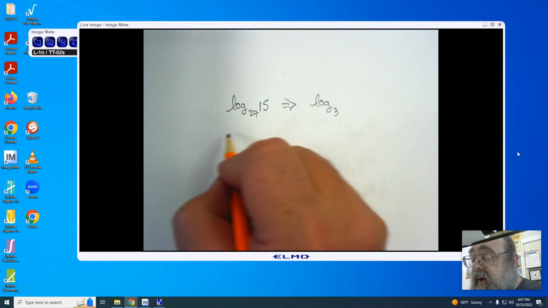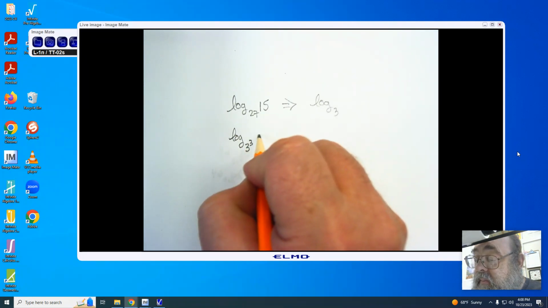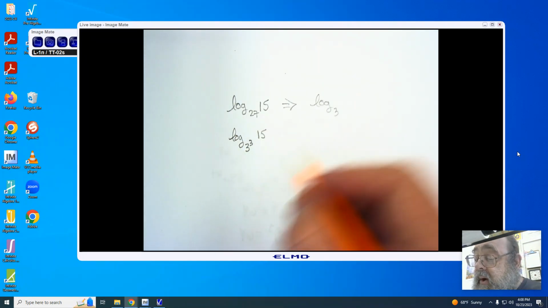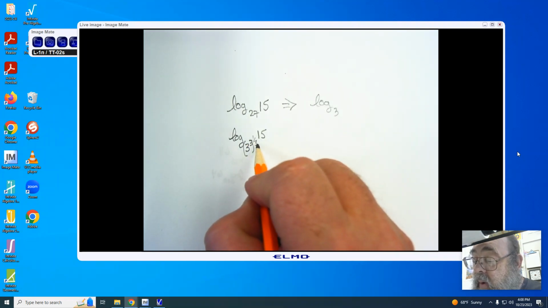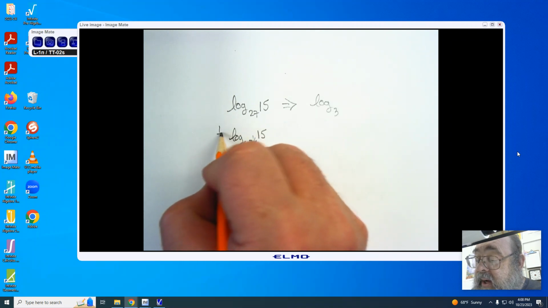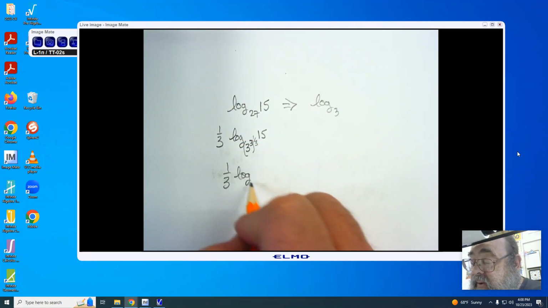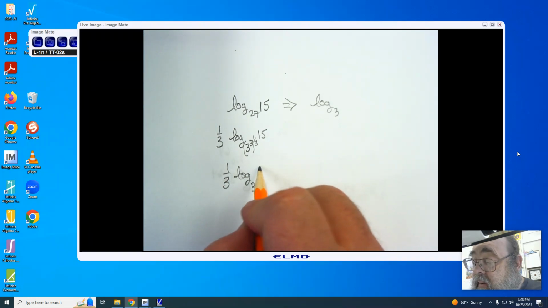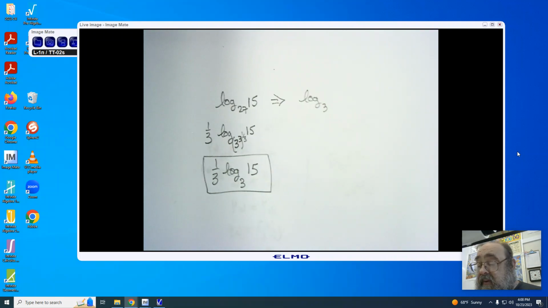So the first step I'm going to do is look at what 27 is in terms of 3. It's 3 cubed. Now, in order to get a 3, I have to take the 1/3 power. That 1/3 is also going here. I now have 1/3 log base 3 of the first power of 15. That's my answer for the change of base.